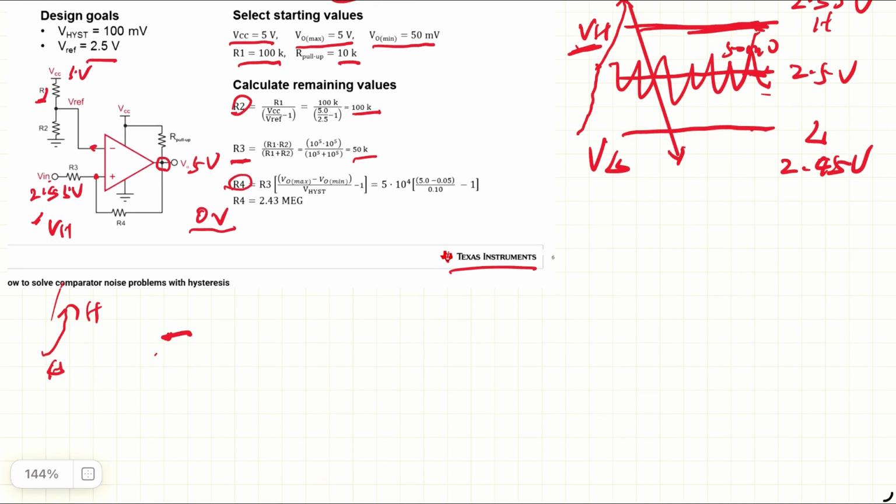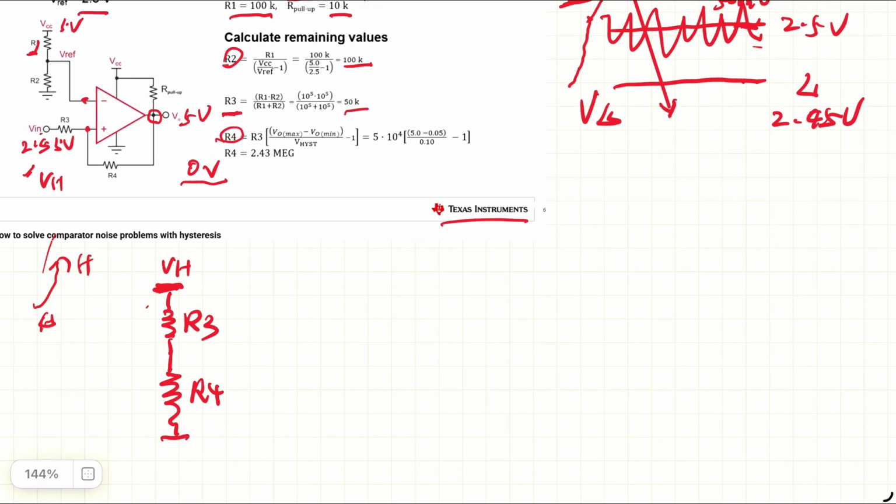At the input we have VH at 2.5 volts, and it goes through a resistor R3, then through resistor R4 here, and goes to the output. Here will be the low output, so that's V out min. The small value, not quite 0 volts, like 50 millivolts in this case, just use that.